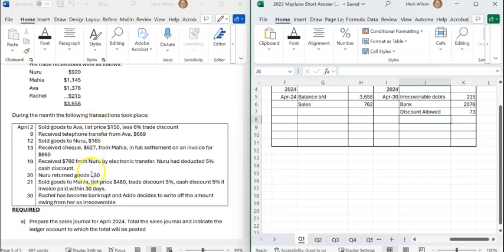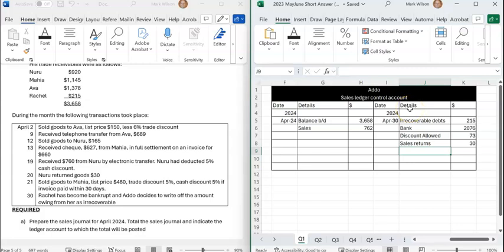And there's one other thing here. See if you can find the last one. Press pause and find the last one that's going to go on the credit side here. And the answer is sales returns. And that sales returns is, see if we can find it, that $30 that Nuru bought back. Notice in this ledger we don't write the name of the account. That's because it's a control ledger, and a control ledger we just do the balances. All right, so we've got all those.